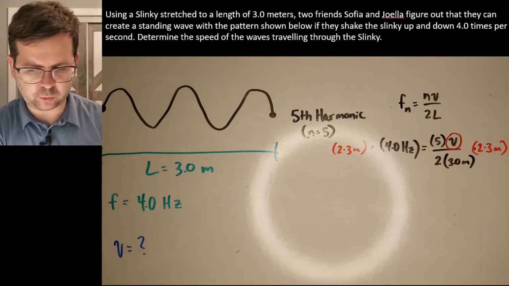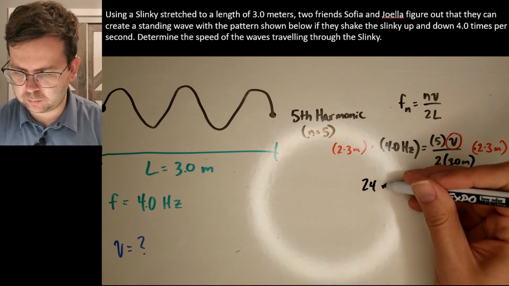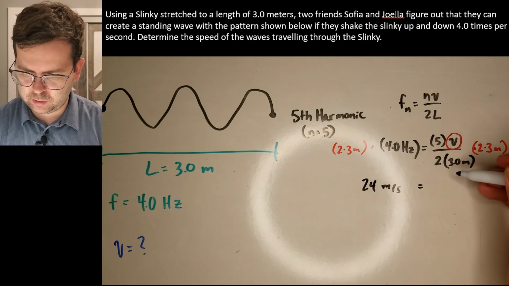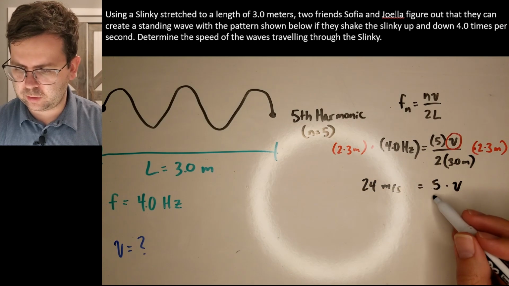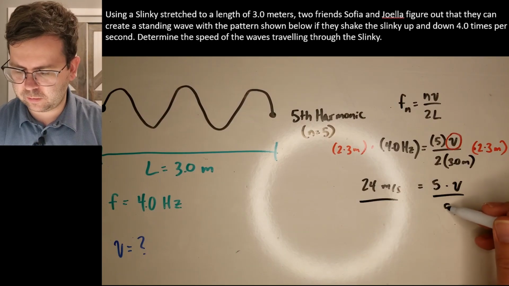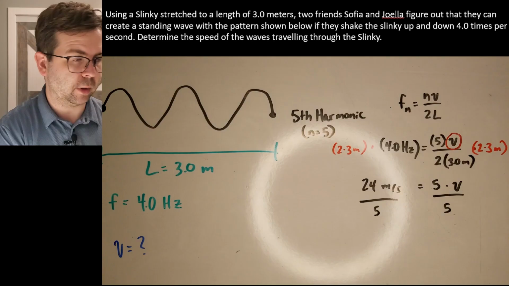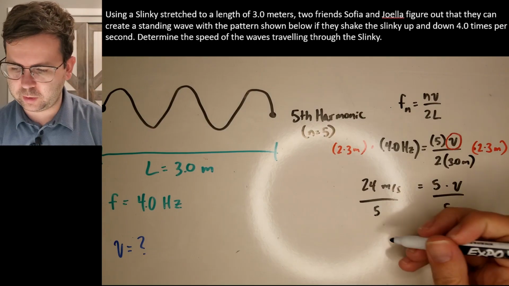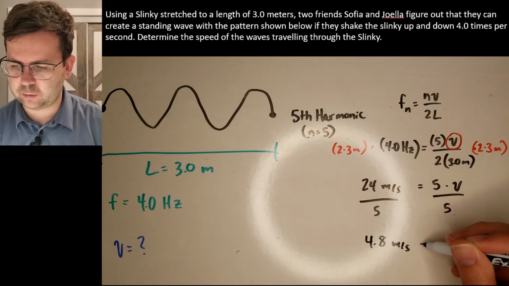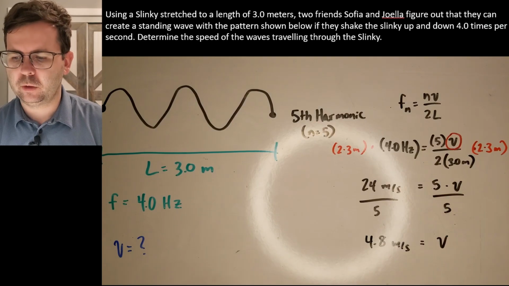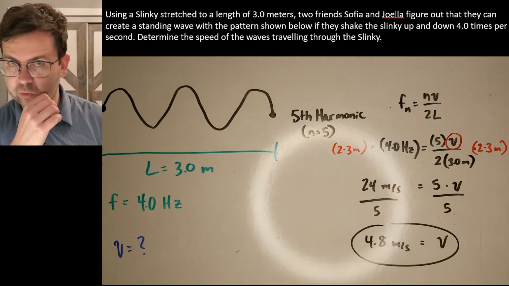So 6 times 4 is 24, that's 24 meters per second over here, and that's 5 times v. Then we're going to divide both sides by 5, the harmonic number. And 24 divided by 5 is 4.8 meters per second. So that would be the speed of the waves that are moving back and forth on this string.